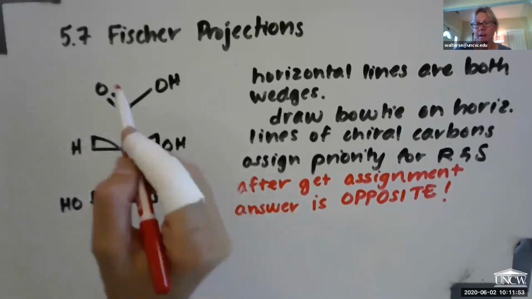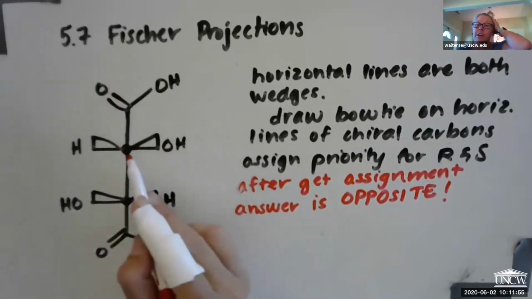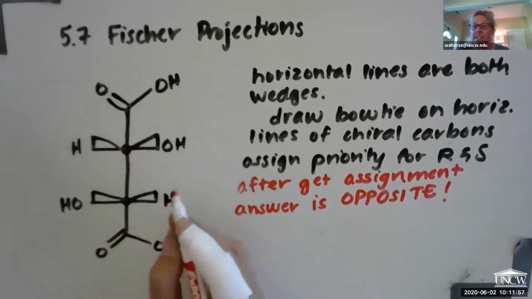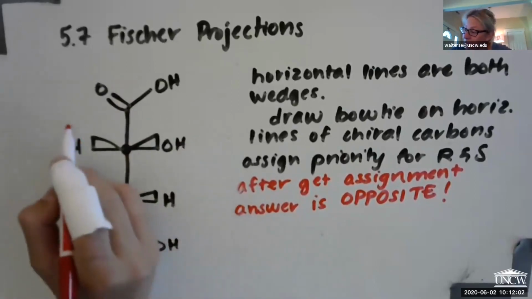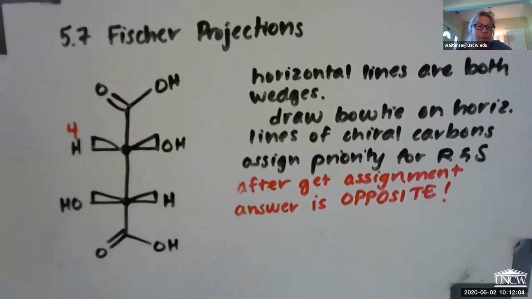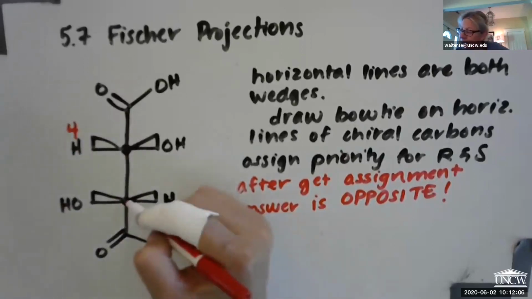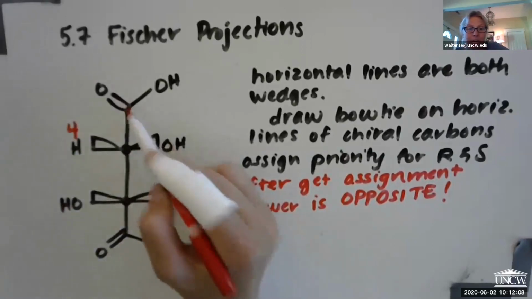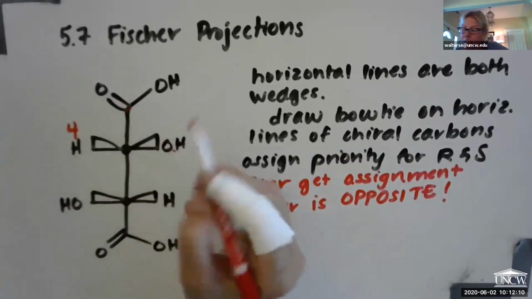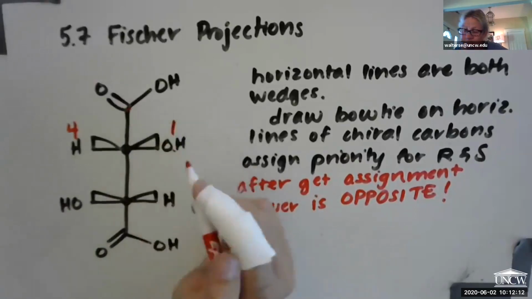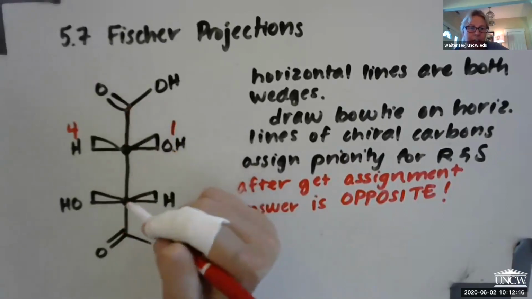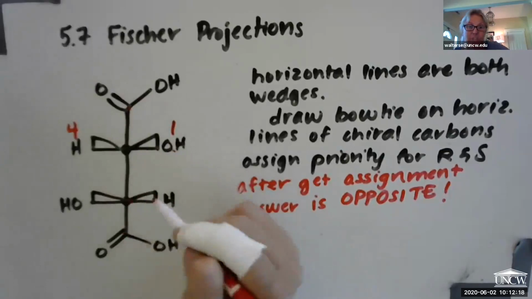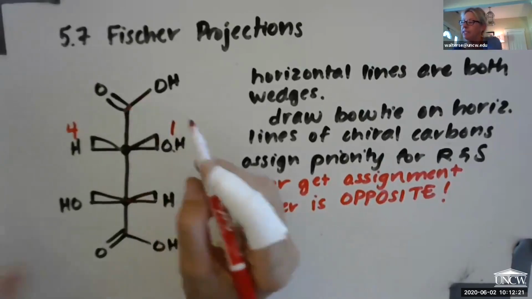So we're going to start up at the top, this chiral carbon here. The nice thing is the rules are still pretty much the same. The lowest priority group gets 4. And now we have a carbon and an oxygen, so the oxygen will be 1. Carbon here to carbon here, so we have to look at the groups off these carbons.